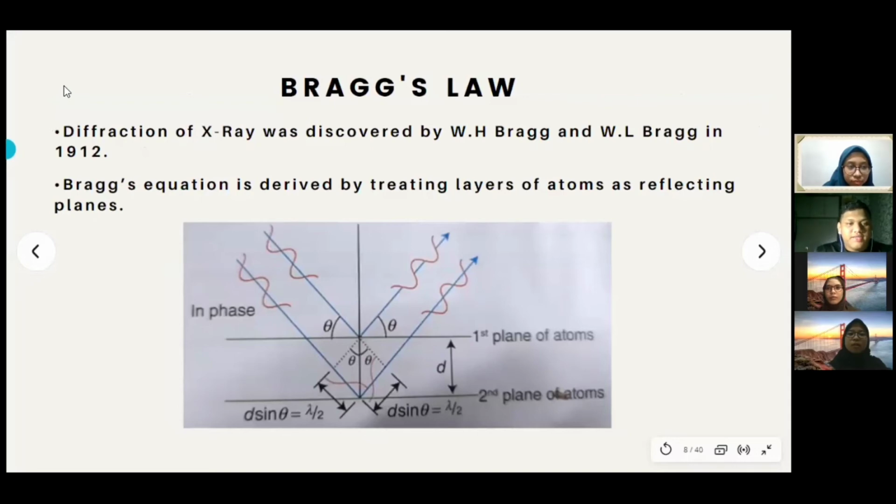Okay, I think you guys are familiar with Bragg's law equation, which we have learned before in lecture 1, the arrangement of atoms in crystal. Diffraction of X-ray was discovered by William Henry Bragg and Lawrence Bragg in 1912. The Bragg equation is derived by treating layers of atoms as reflecting planes.